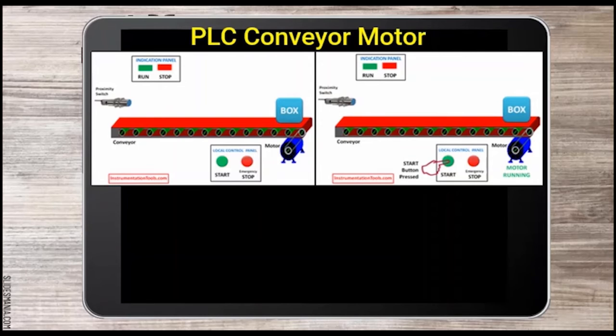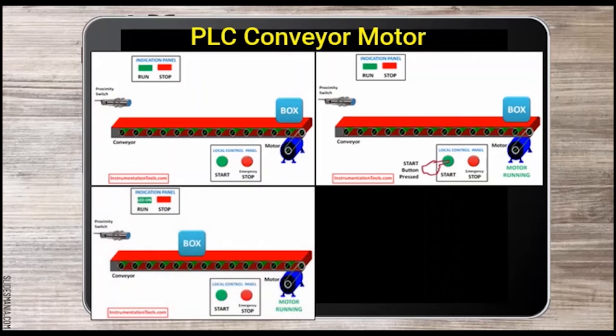In the next figure, when the start button is pressed, the motor will start and the green indication lamp will be activated. When the motor starts running, the box will start to move.